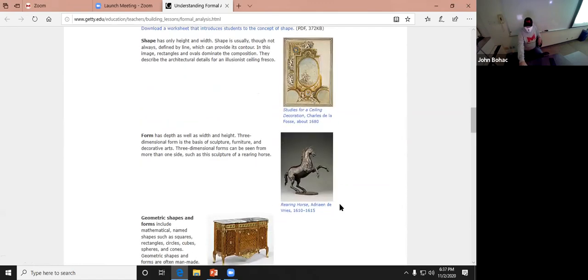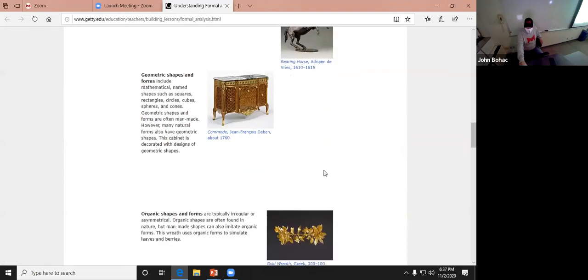And so form: a lot of times what we talk about with form has to do with geometry, but not always. This is a sculpture of a rearing horse, and so that is an organic or biomorphic shape.